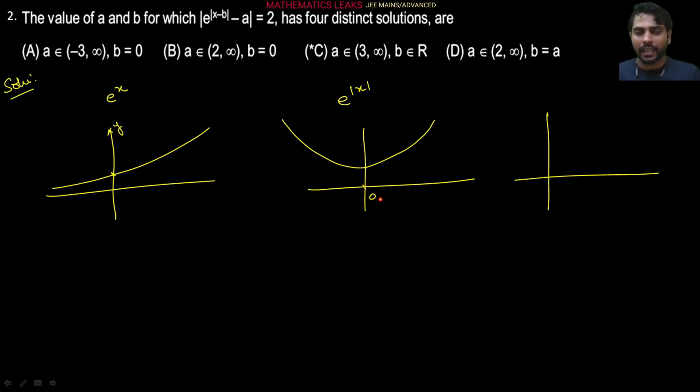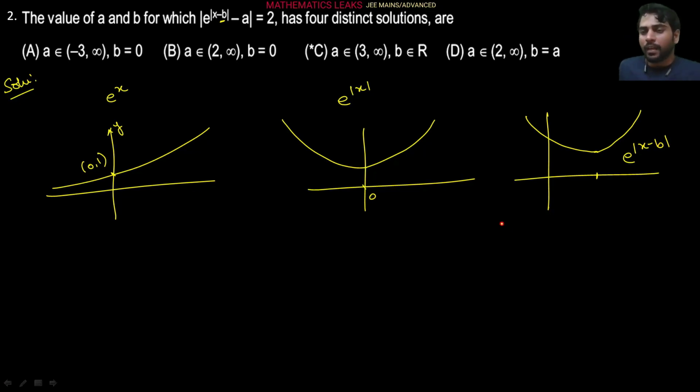Initially it is at the 0 point, this point is 0 comma 1. So this point will be shifted by b units. Means this will be the structure of the given function, e to the power mod of x minus b graph, right?